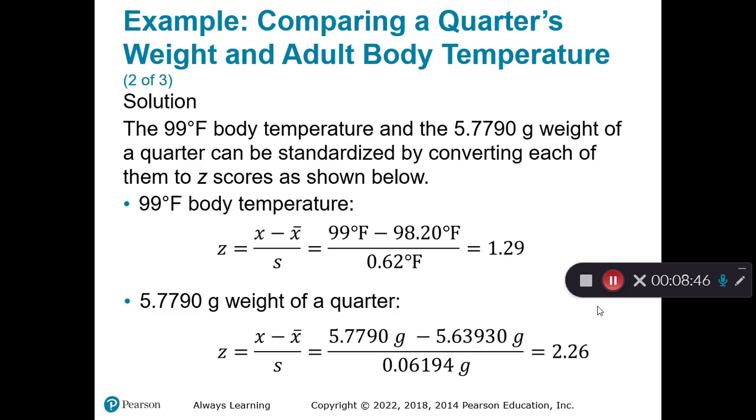In this case, a z-score of 1.29 would not be considered to be a significant result because it's within the 2 standard deviations. But a z-score of 2.26 falls outside of 2 standard deviations, so this would be considered a significantly high value.